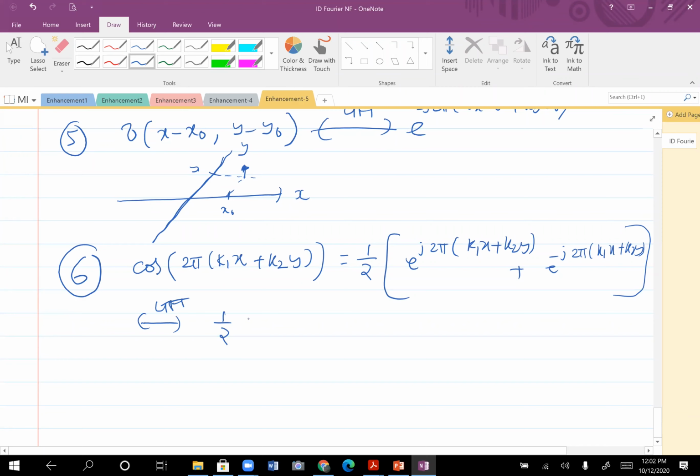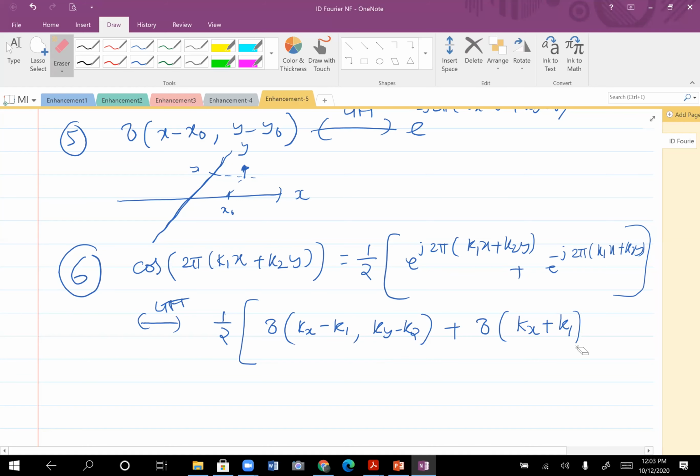Half times delta of (kx minus k1, comma ky minus k2), very good, plus delta of (kx plus k1, comma ky plus k2).